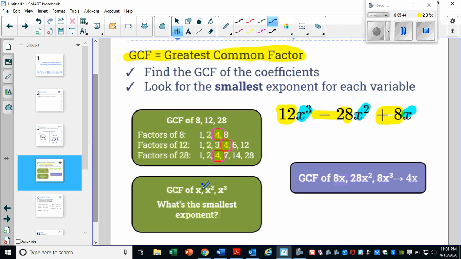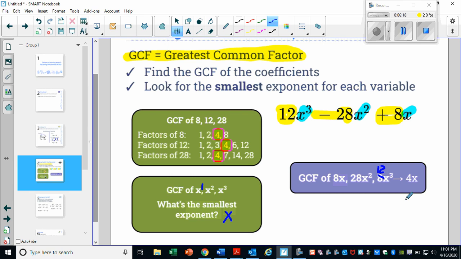So in this case, out of the 3 variable parts, the smallest exponent is x. So that's how we determine the GCF of these 3 terms, 8x, 28x squared, well, actually, this will be 12x cubed. So the greatest common factor is 4x.